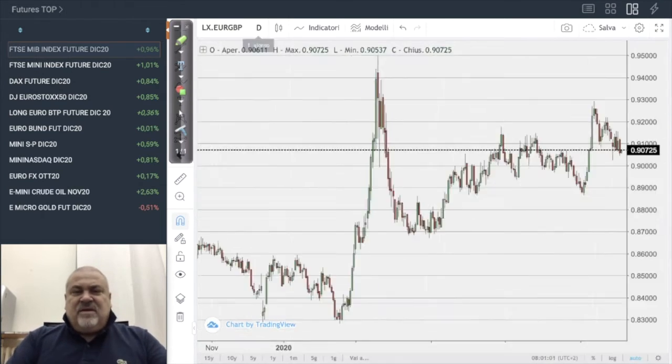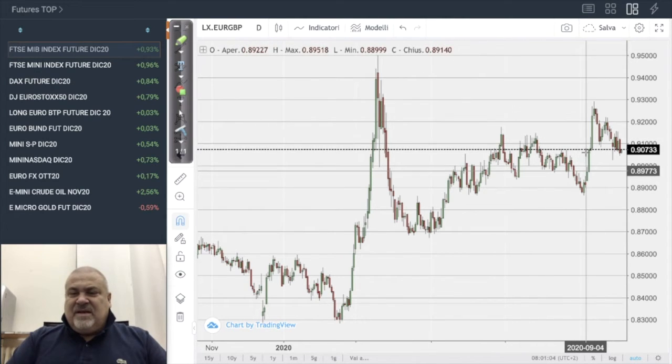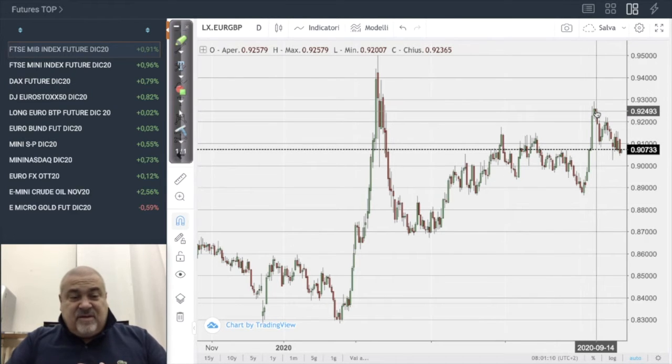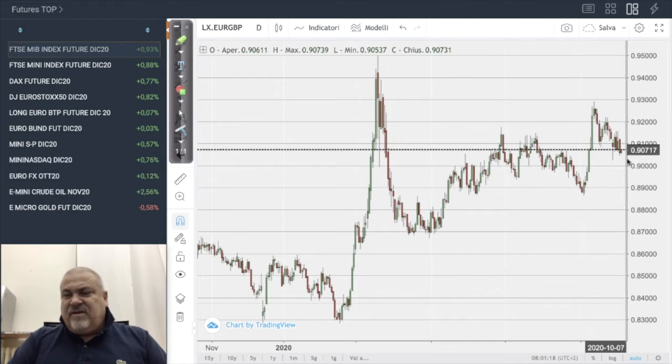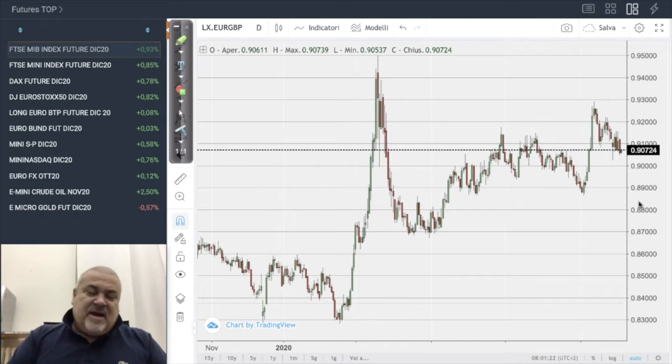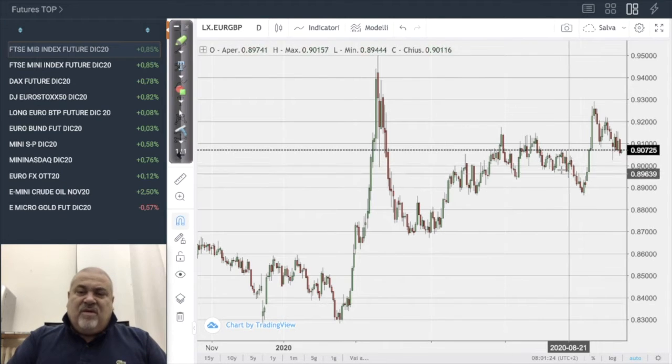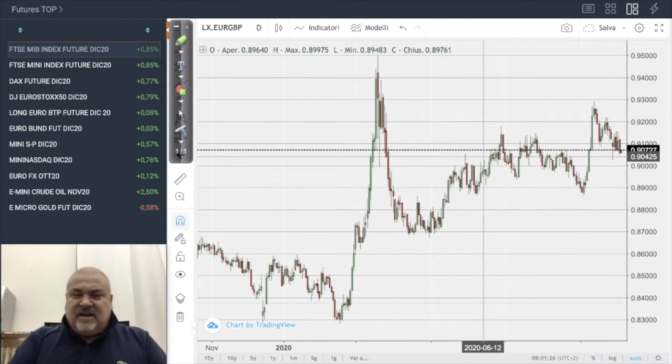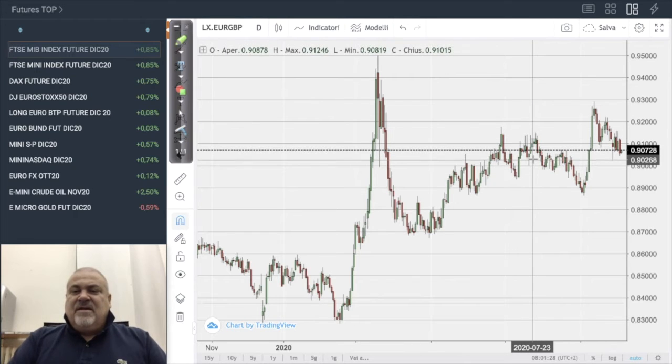Let's have another look at the Euro-GB pound exchange rate. Here we can see that there was a strong movement in favor of the euro, and this was because there was a strong fear that finally there will be a no-deal Brexit, but at the end the pound recovered a little. So we are now back to this key level of 0.90, that is one of the most important magnets that attracted the price recently.